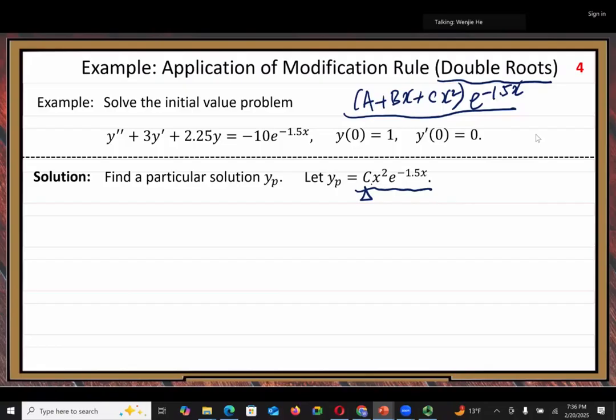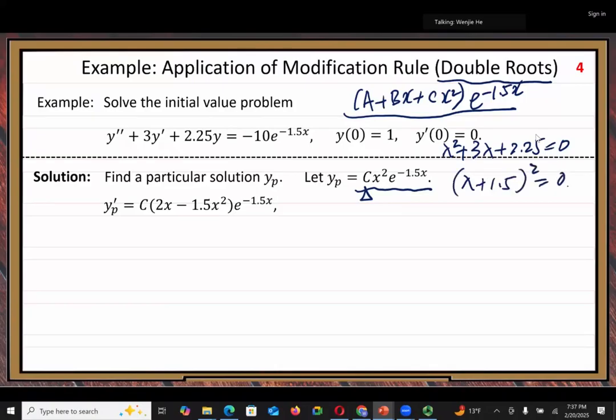Let's see. Although here we plug in, you look at the characteristic equation: lambda squared plus 3 lambda plus 2.25 equals 0. Then it's a double root, right? It is lambda plus 1.5 squared equals 0.